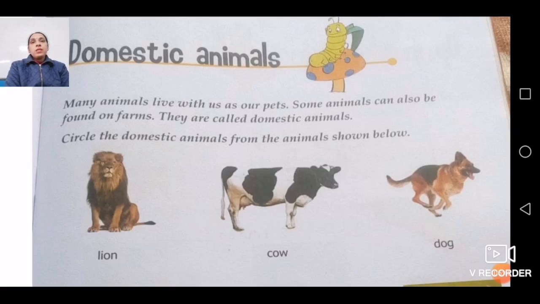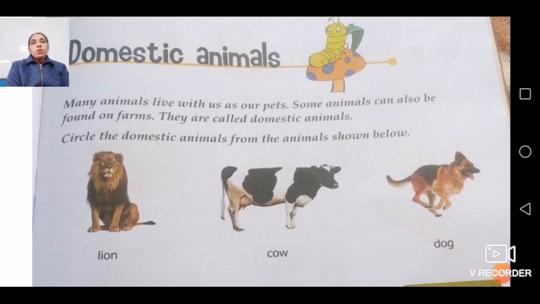Now here the exercise is, you have to circle the domestic animal from the given three animals. But what we will do, children, is categorize all of them, like lion. Lion is a wild animal. Why is lion a wild animal? Because lion lives in the jungle. Here cow is a domestic animal because it lives on a farm.